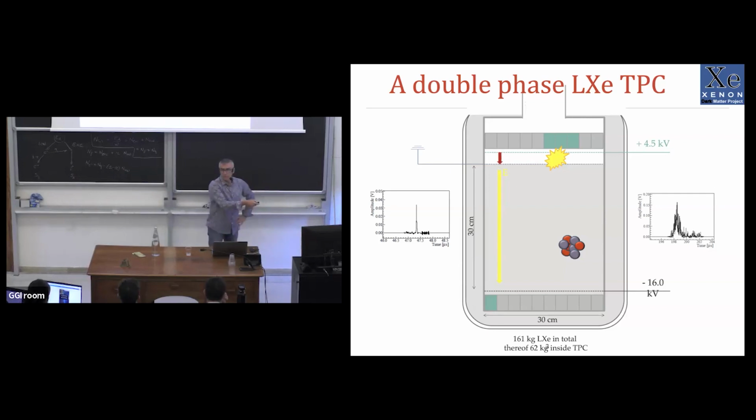At the same time, electrons are now liberated, free from the atom. There is the electric field, so they move upward with this slow velocity, so millimeter per microsecond. After some time, say after 1 millisecond, they reach the gas phase.